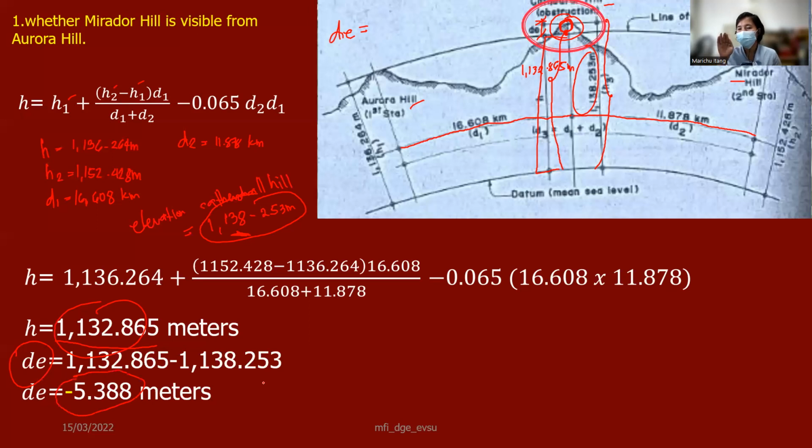Okay, so hindi mo makikita yung Mirador Hill from Aurora because merong obstruction na 5.388 hanggang doon sa point ng Cathedral Hill. So, okay, this is Cathedral Hill. Ito yung ating line of sight. So, meron ditong 5.388 na distance na naka-obstruct. So, let's say meron ditong points sa Cathedral Hill.